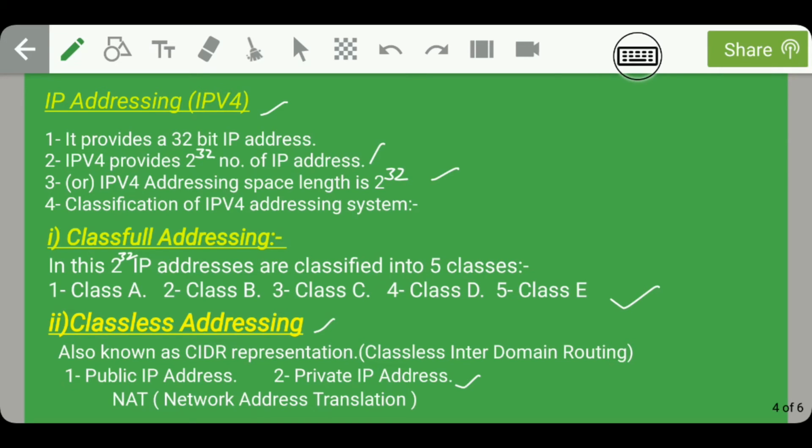Guys, let us say you are willing to call me and you are at an STD booth having a public phone number, and you are calling a company run by me by using the head office number. Therefore, the head office phone number is public, but my phone number is not public to you.